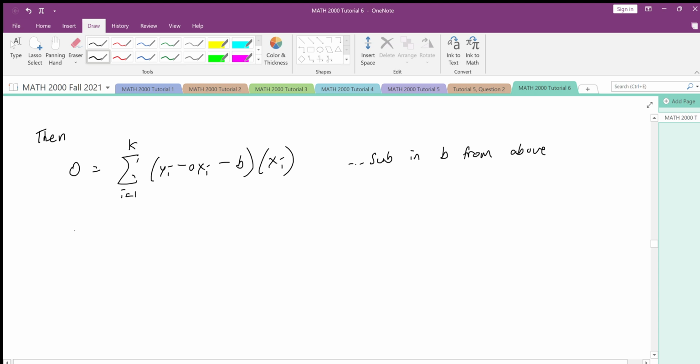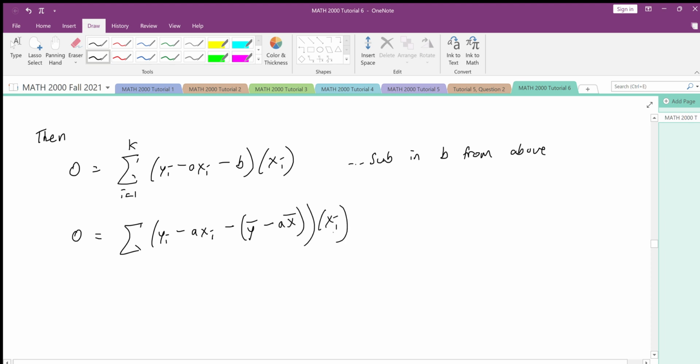So then this becomes yi minus a xi minus (y bar minus a x bar), and this entire thing times xi.